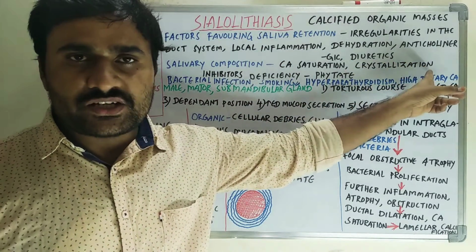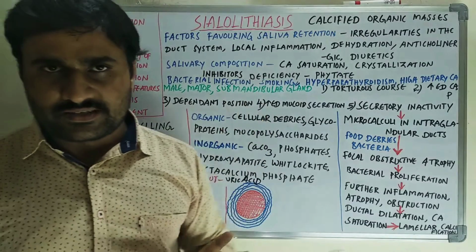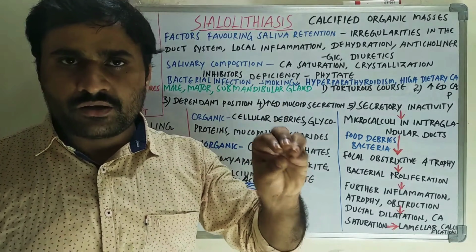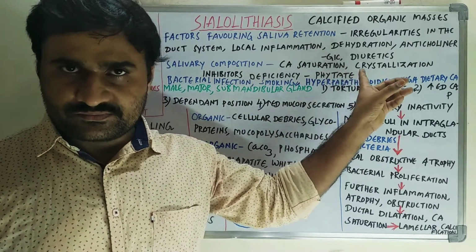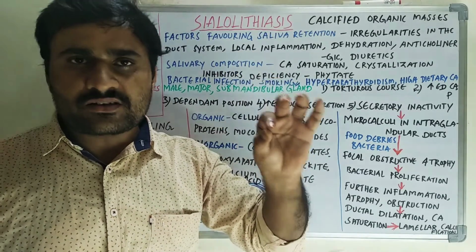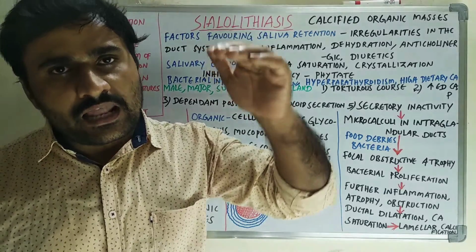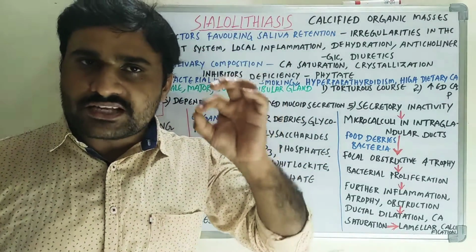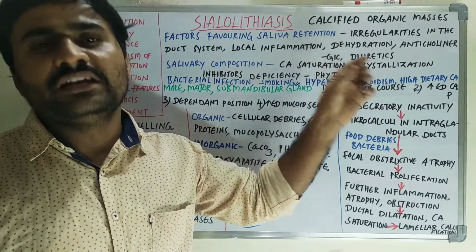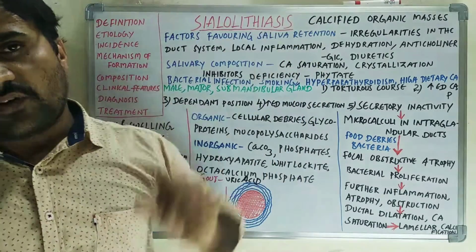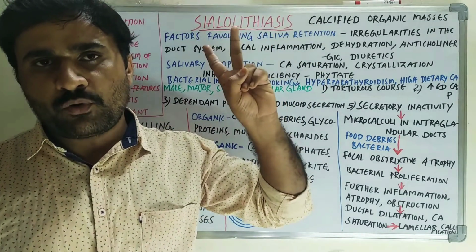Otherwise, crystallization inhibitor deficiency. That means in normal saliva, we have phytate that acts as a hydroxyapatite crystallization inhibitor, thereby decreasing calculi formation. If there is a deficiency of phytate, then it will lead to sialolithiasis formation. These are the two main important factors.